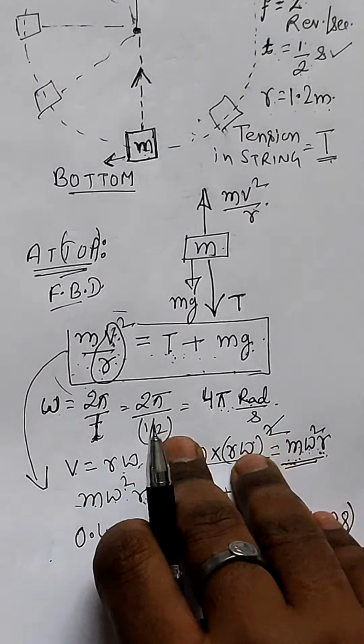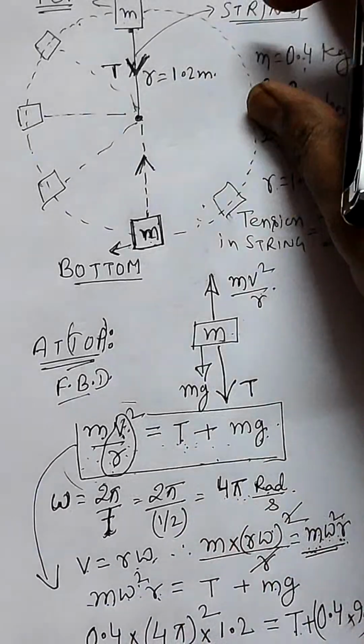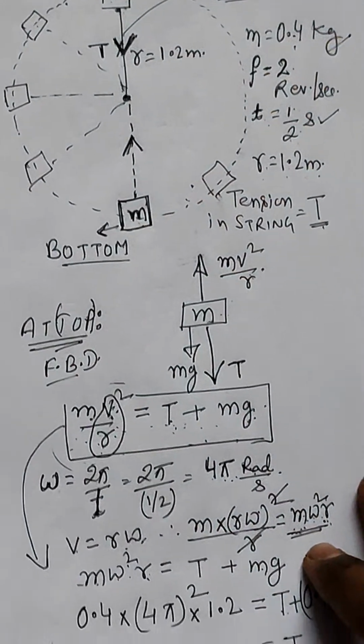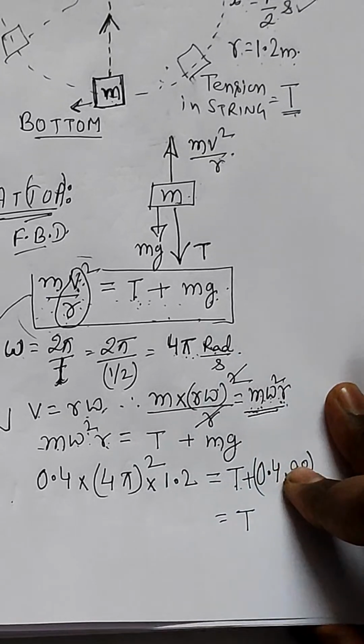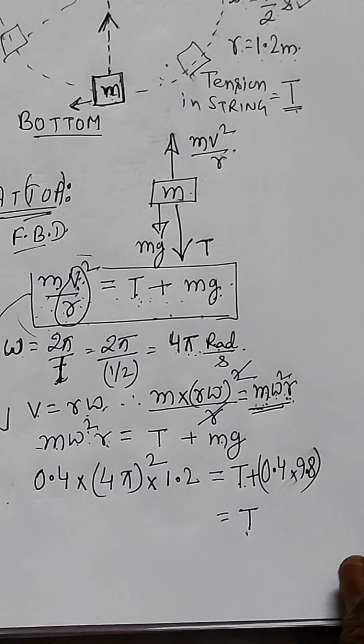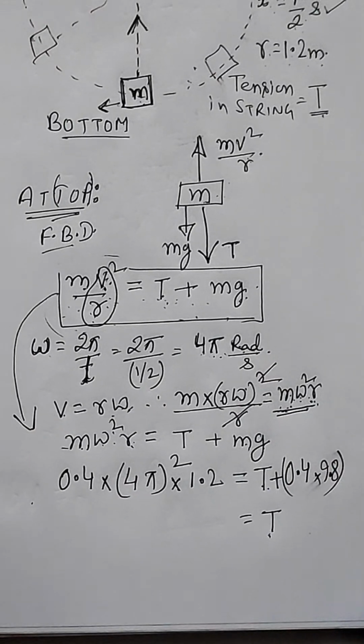That means the tension in this string at this position when the body is at the top will be calculated when you put T into the RHS and the LHS.